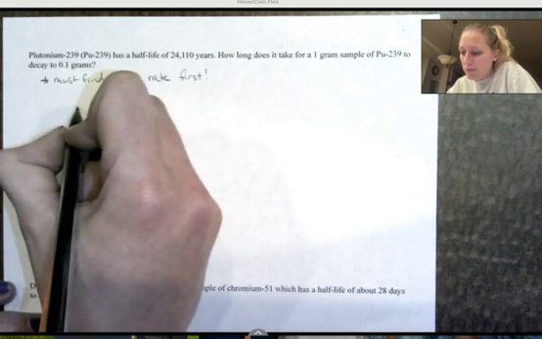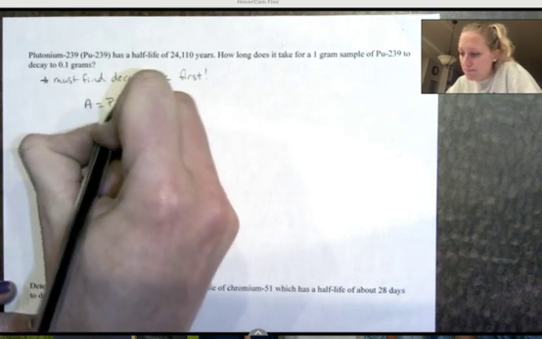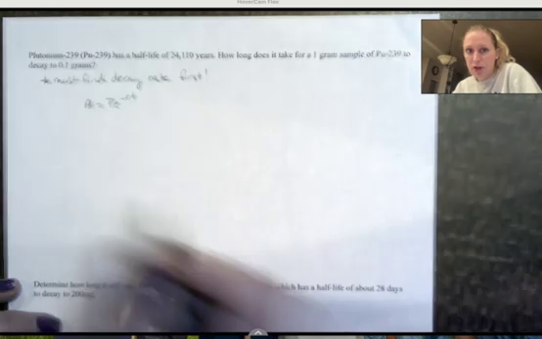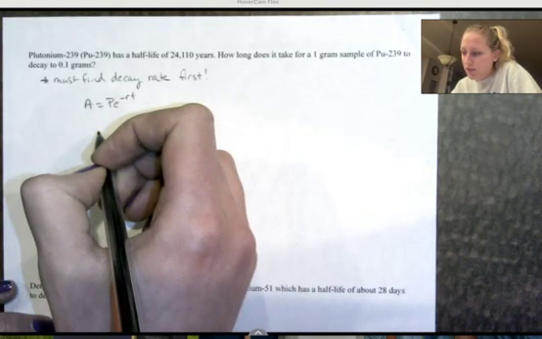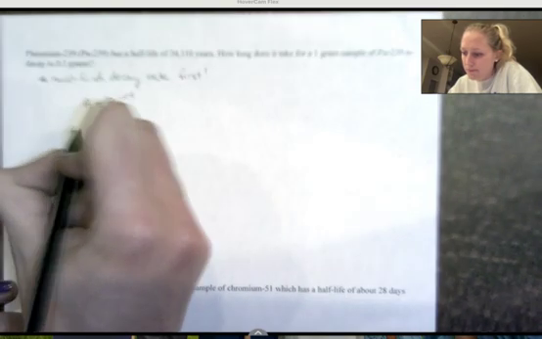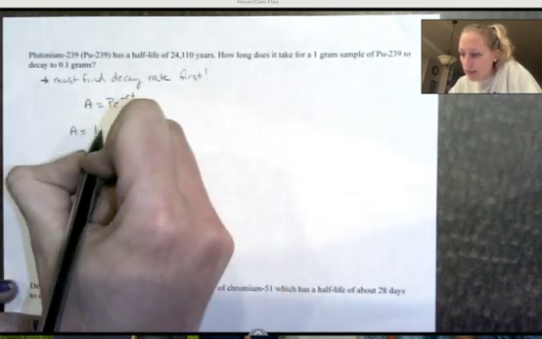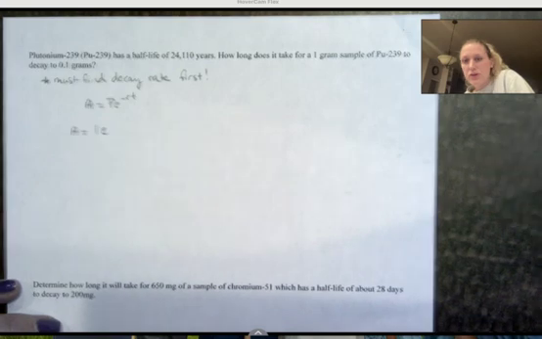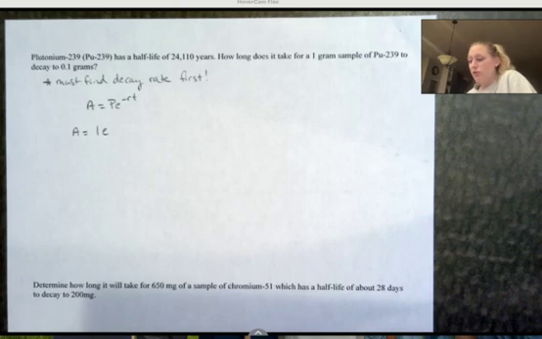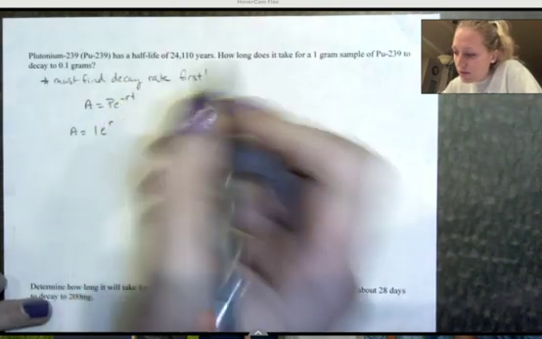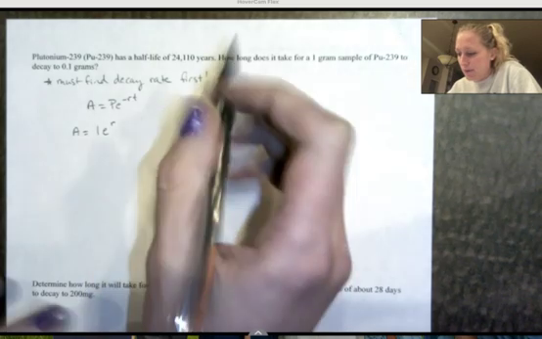So my initial amount of 1 gram. So 1, e to the r, and you can either do negative r or r here, it doesn't really matter. We just have to know that r needs to be negative if it's decay. So I'm actually just going to put it as r here right now, you guys, and we'll see what happens.